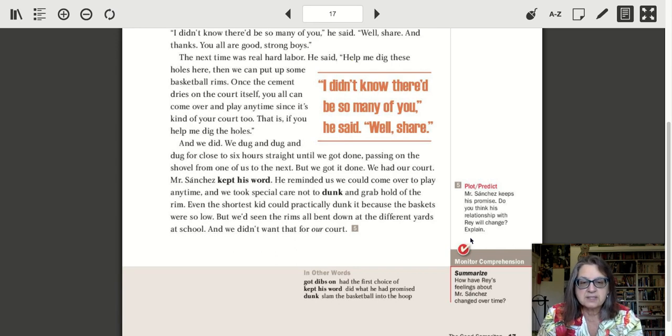And part of the reason can be definitely how you understand it. Has your relationship changed with somebody so you can see a connection? Yeah, I understand because this is what happened to me. Or maybe there's something in the story that gives you a reason. So you can say, monitoring your comprehension, how did Ray's feelings change over time? If somebody promised you something, didn't give it, promised you something else, and did give it, would your feelings change about that person?